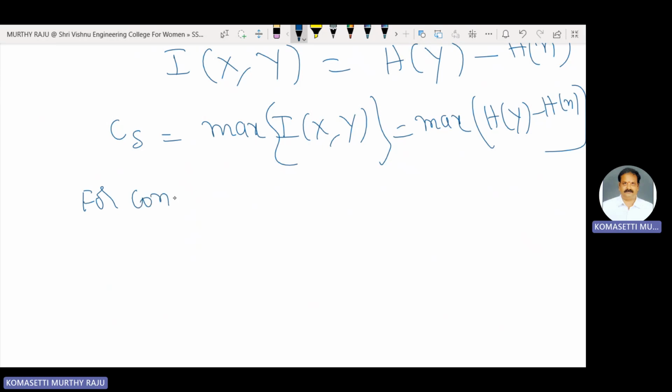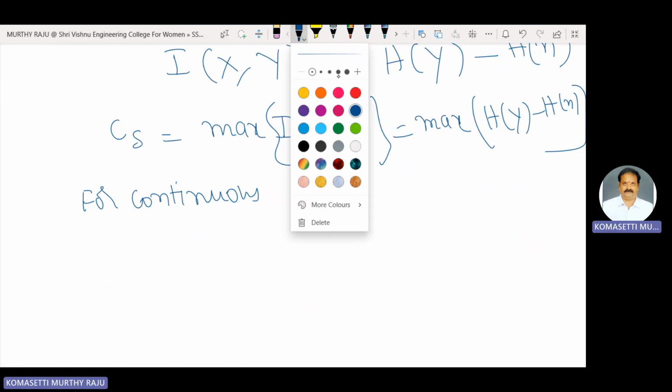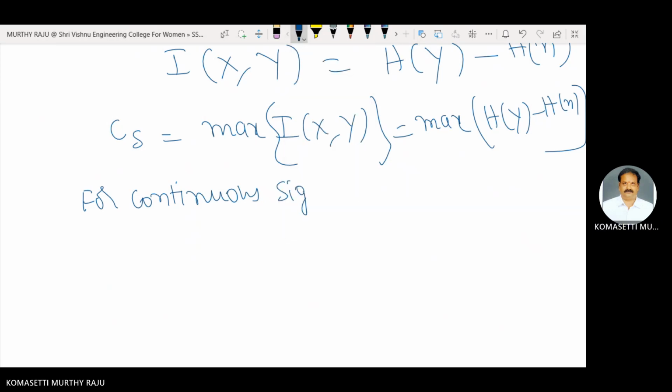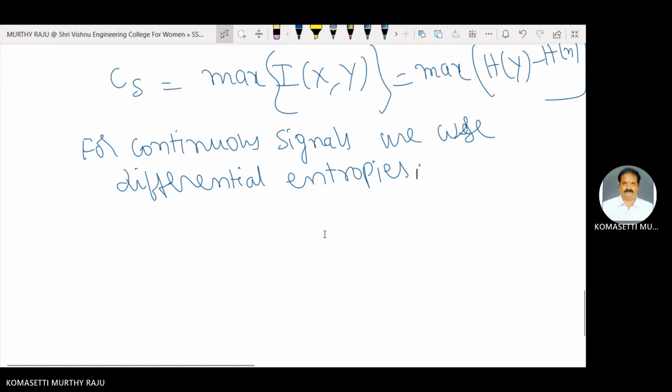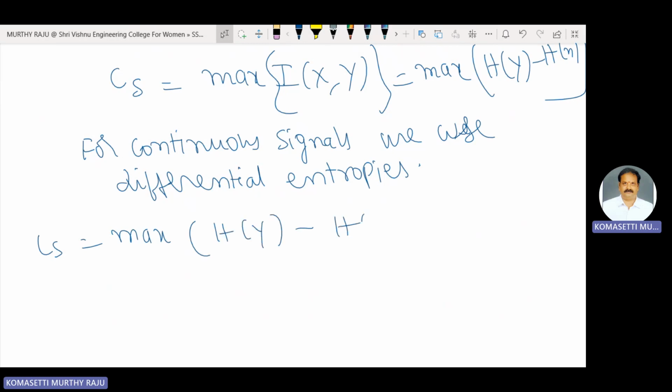For continuous signals, we use differential entropies. That is, CS is equal to maximum of h of y minus h of n.